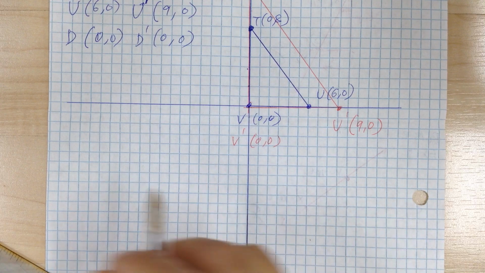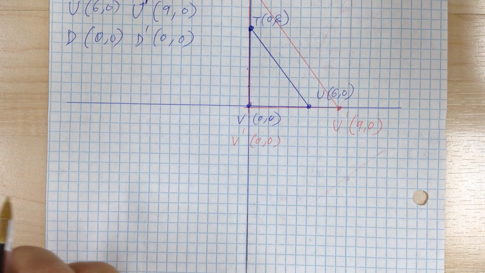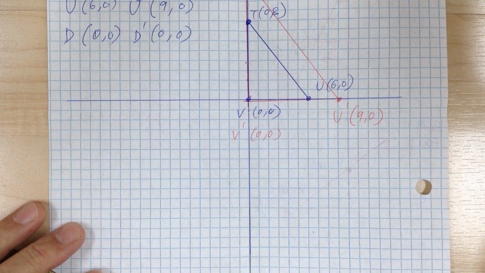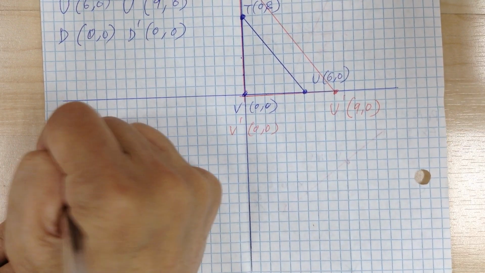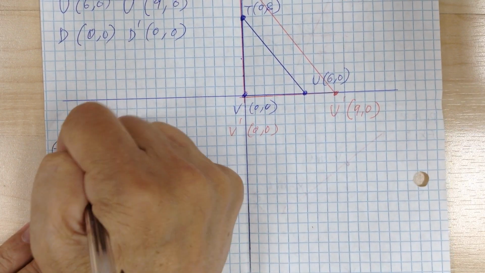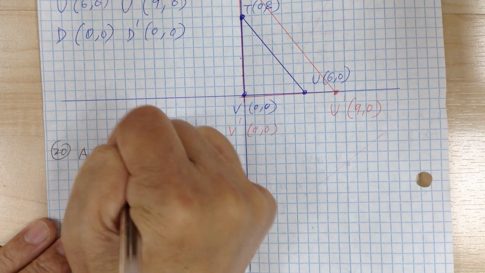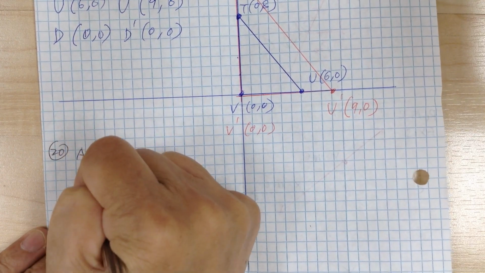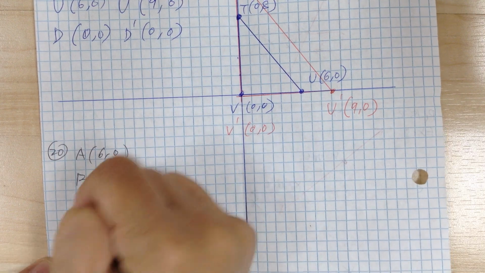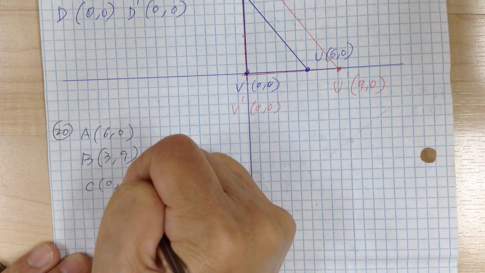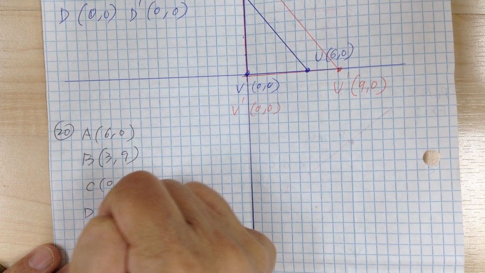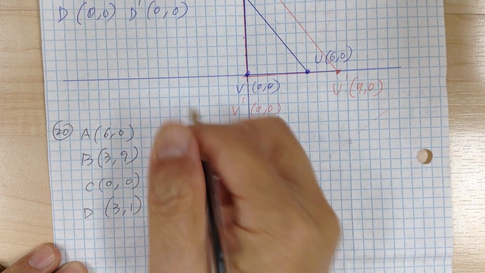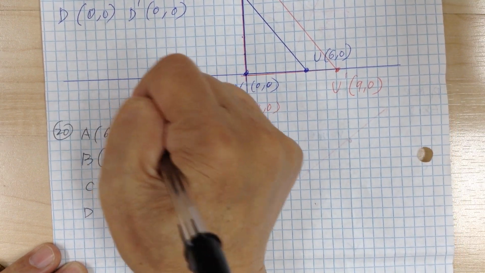Okay. Let's go to the next one, number 20. Okay, number 20, you have an A at 6, 0, B at 3, 9, and C is at 0, 0, and D at 3, 1, and K equal to 4.